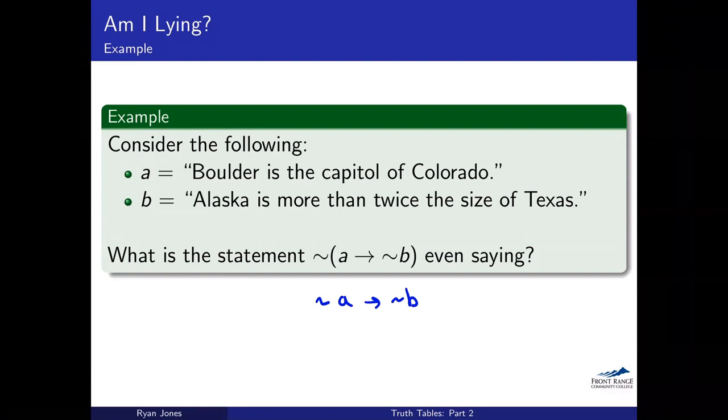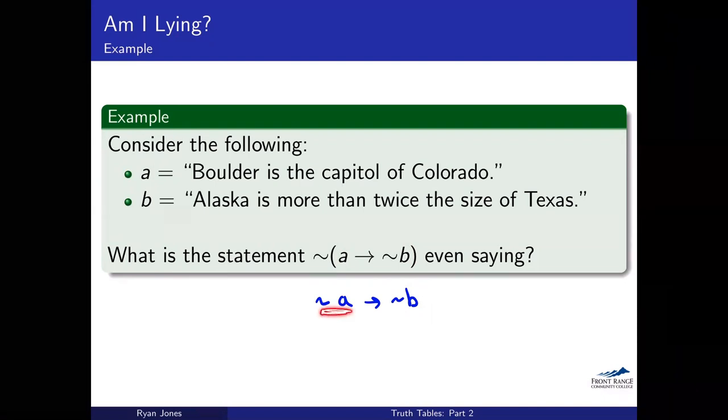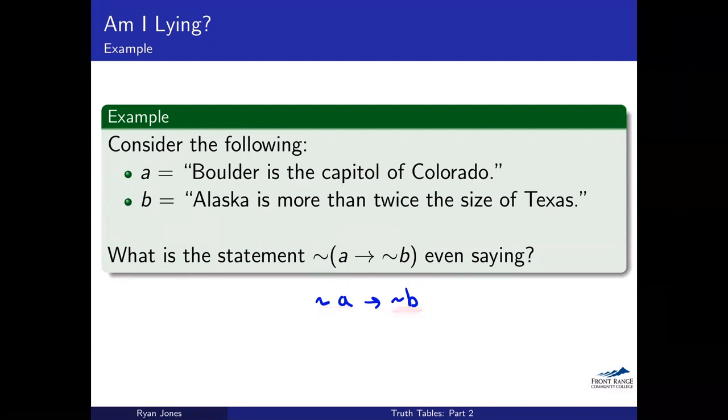What's typed out on the slide is me negating that entire compound statement. But what I've written in blue, remember, we do negations before we do if-thens. So this in the blue is me negating A, negating B, and then doing an if-then with each of those parts. So these are very different things.